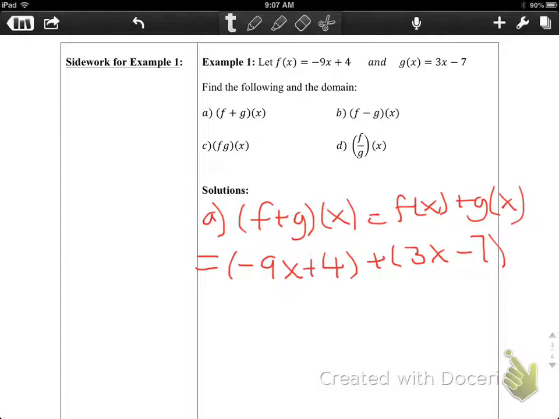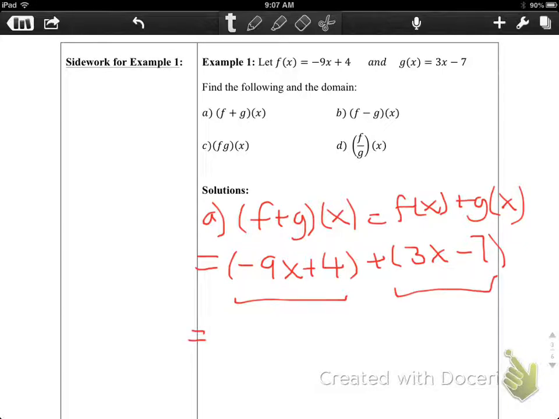Okay, so we're going to do some examples of these functions. For f of x equal to negative 9x plus 4, and g of x equal to 3x minus 7, we need to find the following and the domain. I started setting up part A. We have f plus g of x, which is the same thing as f of x plus g of x. And that's equal to, and I use parentheses. In this case you don't have to, but just to get in the habit, because in certain cases it is necessary. The first term is our f of x, and that's our g of x.